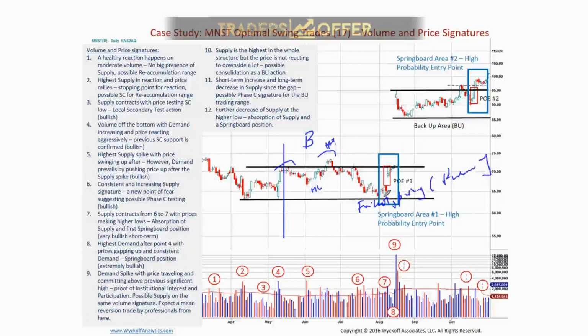In conventional labeling, we're going to just label it as LPS because it's a higher low. And we're seeing how the movement to the downside is contracting here. So it's definitely showing us that, even though the price goes down, supply is actually not actively provided to the market.